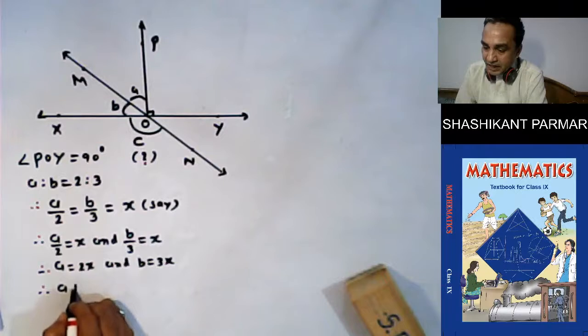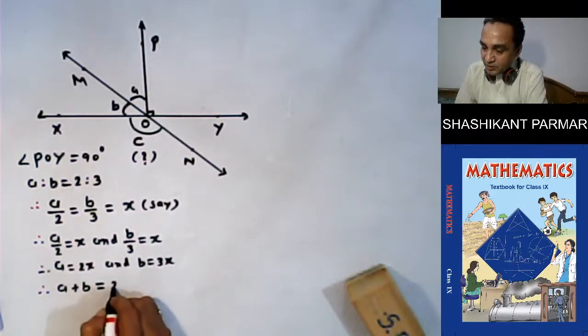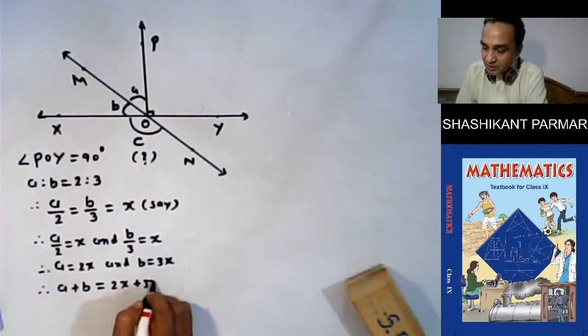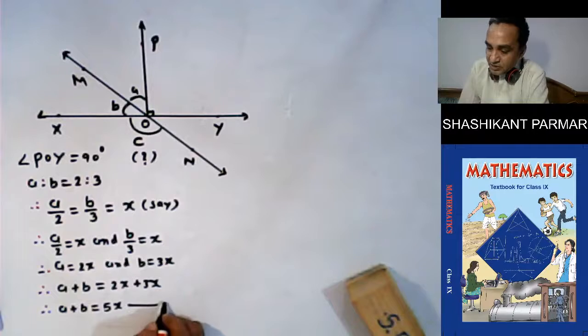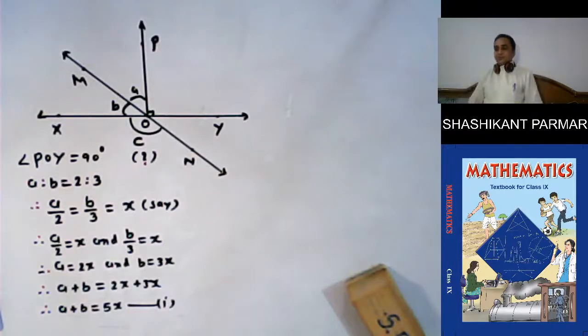Therefore A plus B is equal to 2X plus 3X. Therefore A plus B is equal to 5X. Say this is result number first.